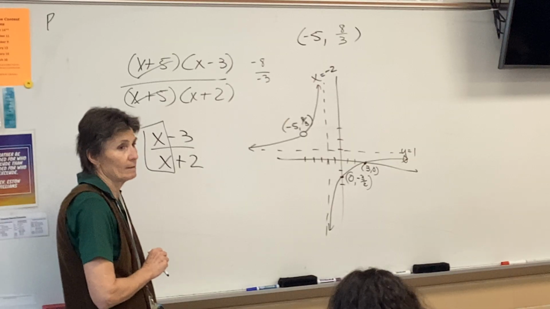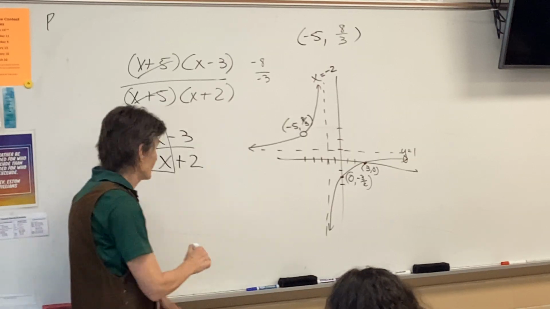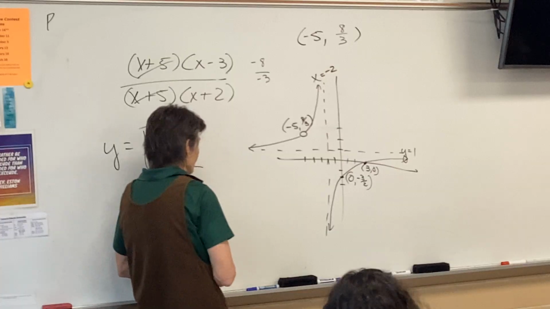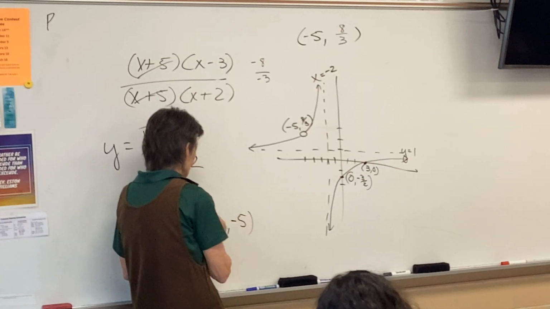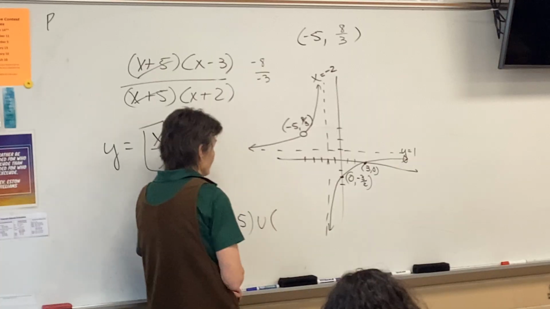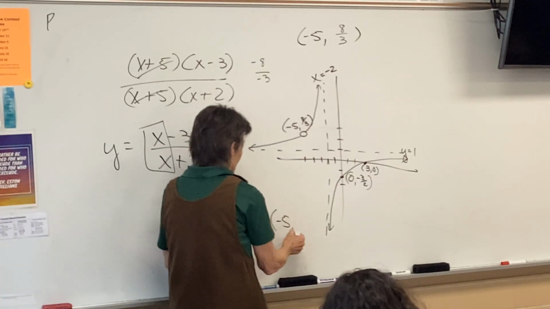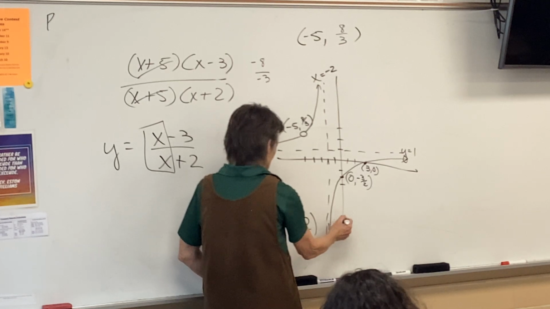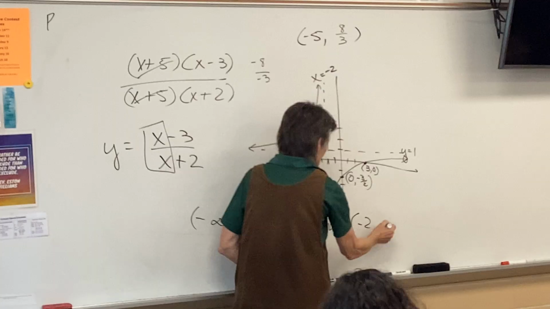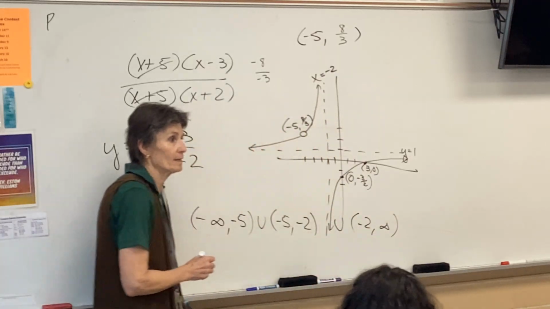What's the domain? Negative infinity to -5, then -5 to -2, and then -2 to infinity.